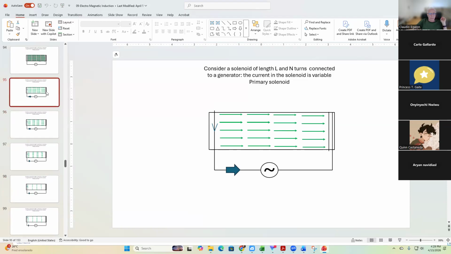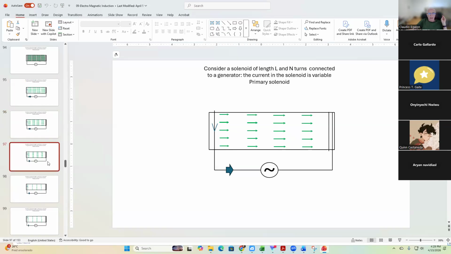At maximum current, we have maximum magnetic field inside the solenoid. As the current starts to decrease, the magnetic field decreases as well. Eventually the current is going to be zero, and the magnetic field will have to be zero too.